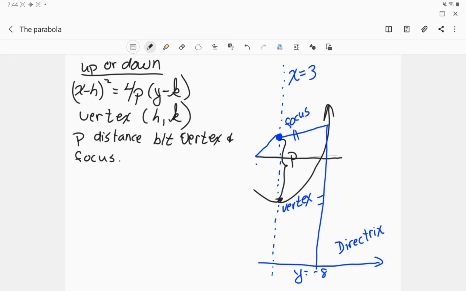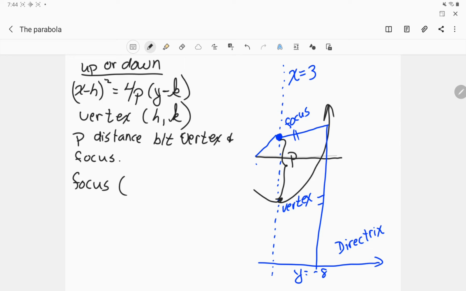So the coordinates for the focus, notice if it's opening up or down, then from my vertex, I'm going up to get to the focus point.